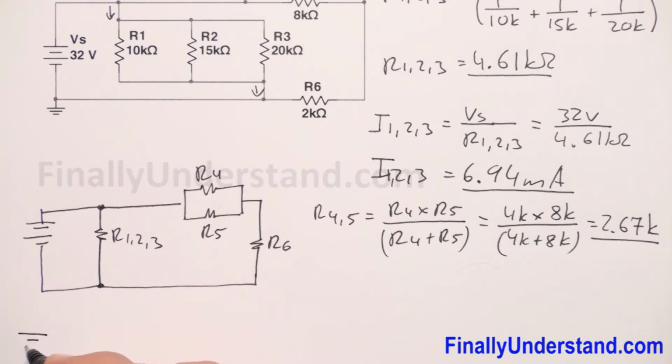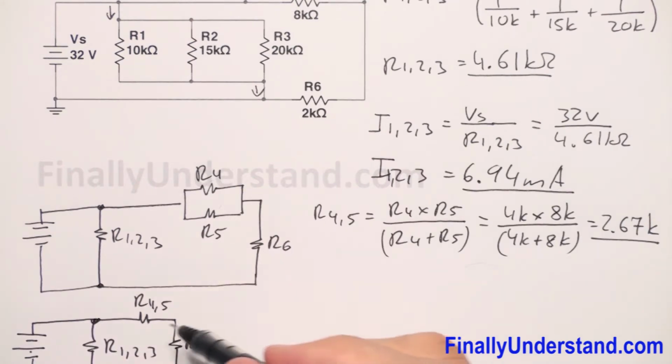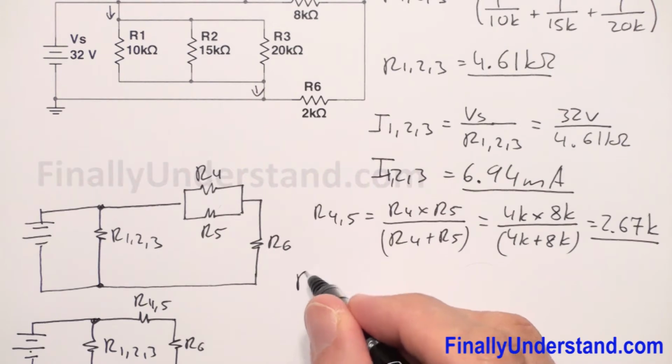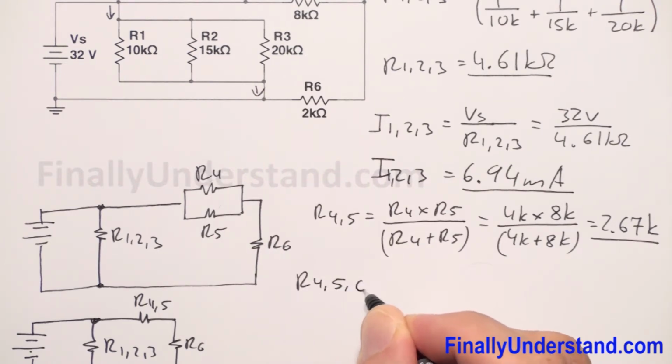We have the voltage source, we have resistor R1,2,3, and I have resistor R4,5 over here, and this is my resistor R6. Now you can see very clearly that these two resistors are in series. So I'm going to find R4,5,6.